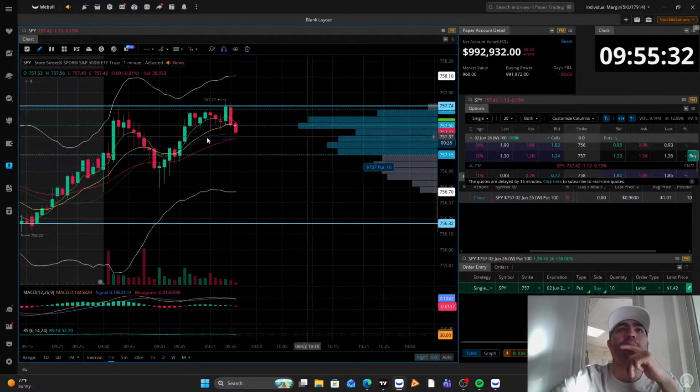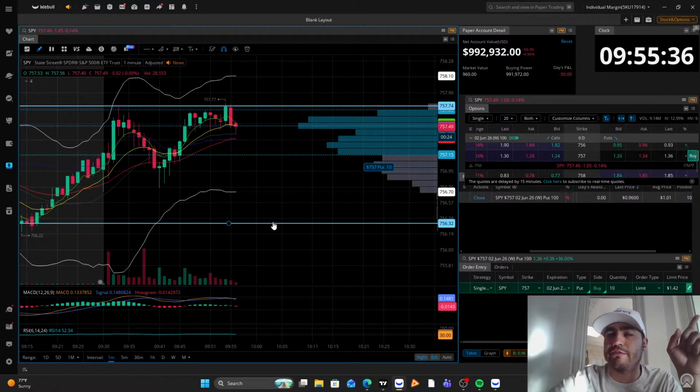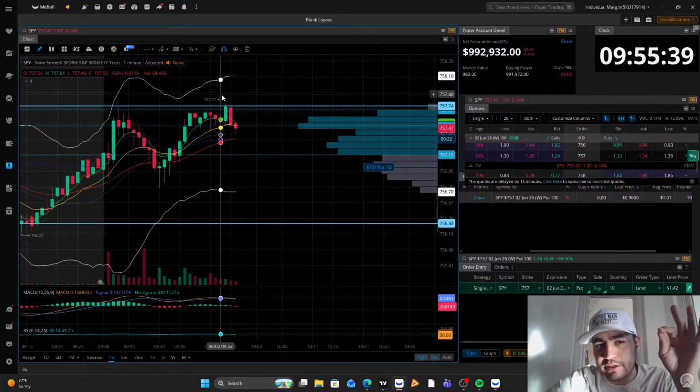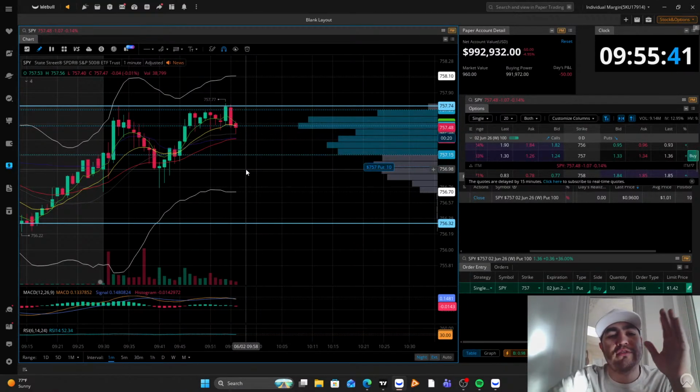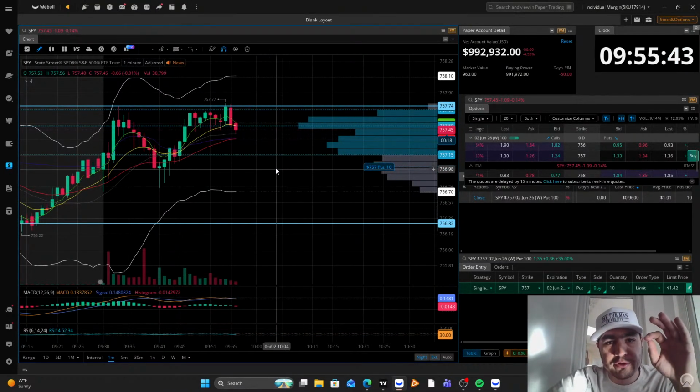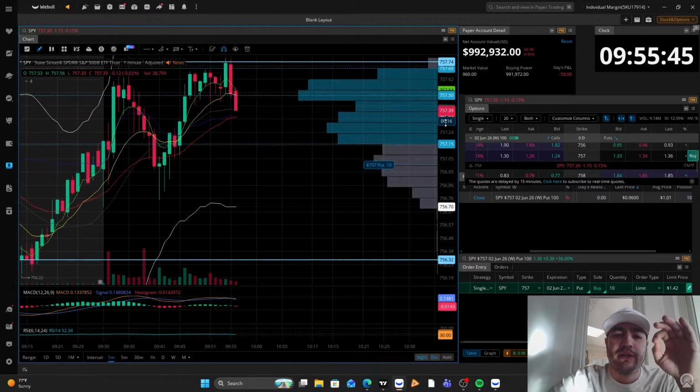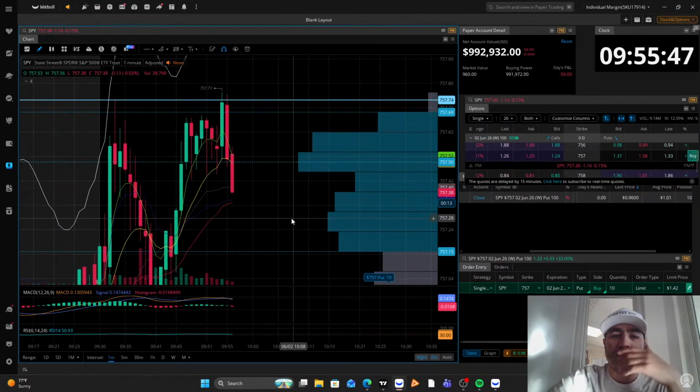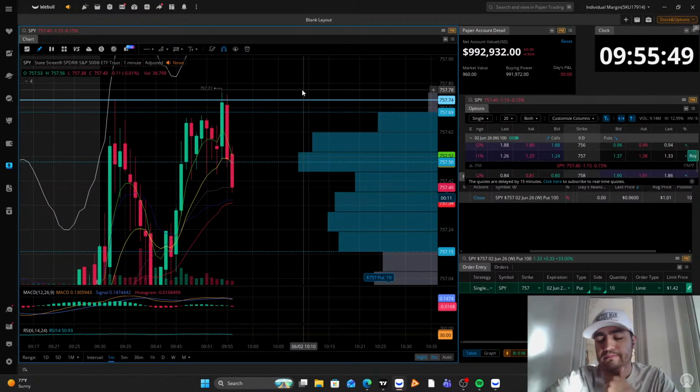Let's see if we come back down. Let's see if we can catch the rejection all the way to 756. If it even gets there, we've got to beat the 50 right now. So the key point here is we're trying to beat the 50. Looks like that's exactly what we're getting.